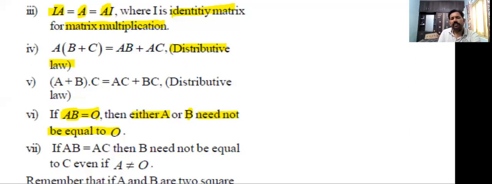If AB is equal to 0, either A or B need not be equal to 0. For suppose, see, A matrix is 1, 0, 0, 0 and B is 0, 0, 0, 1. Observe this. What is the product of these two?